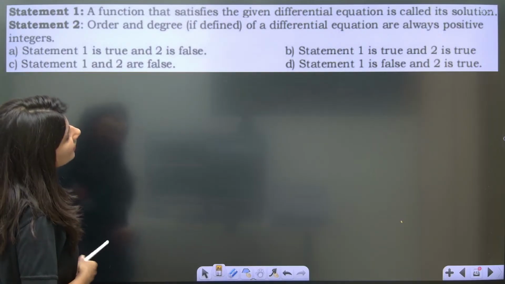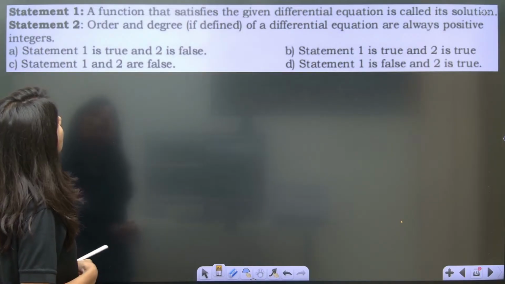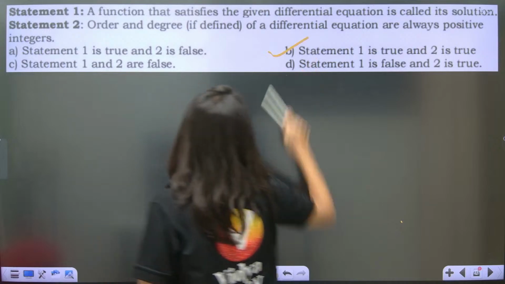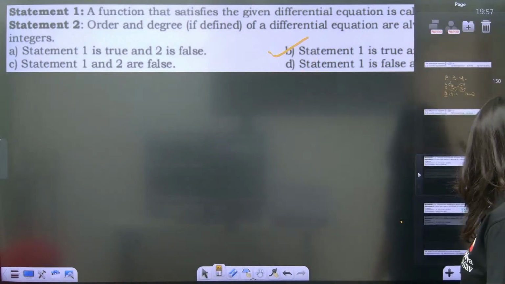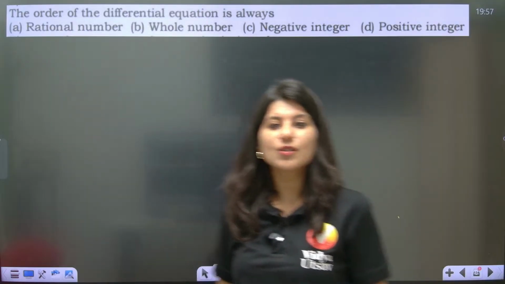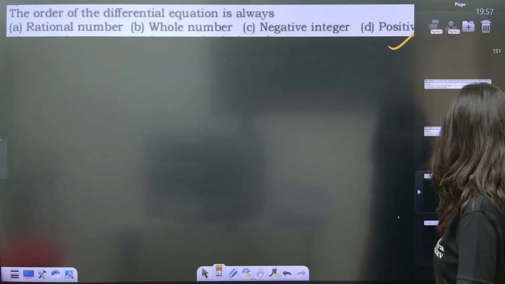So yes, clearly both are correct. Statements 1 and 2 both are correct. Option B, absolutely right. Then, order of the differential equation is always a positive integer. Again, a similar question. Option D is correct.